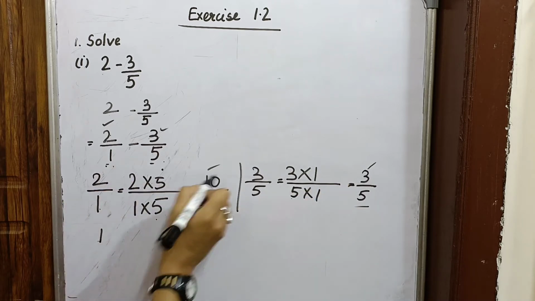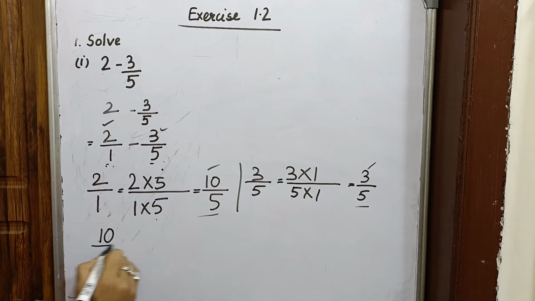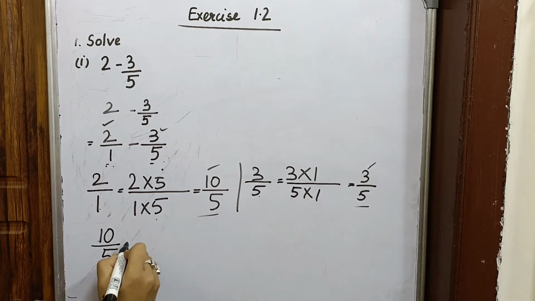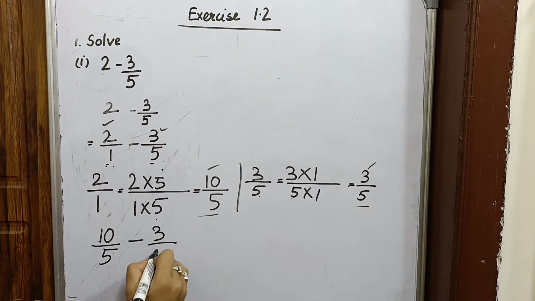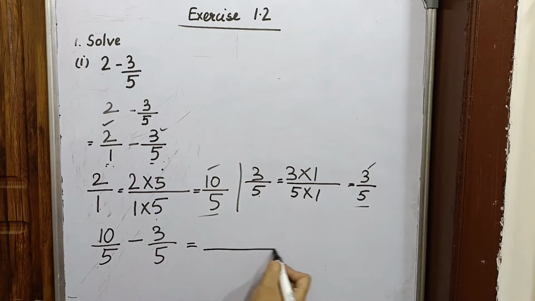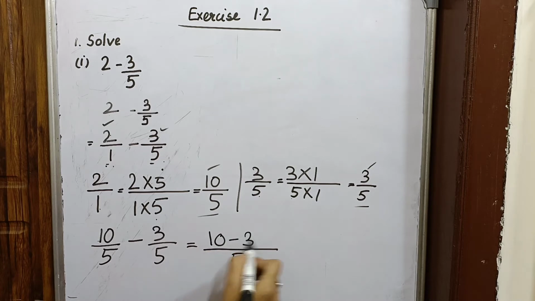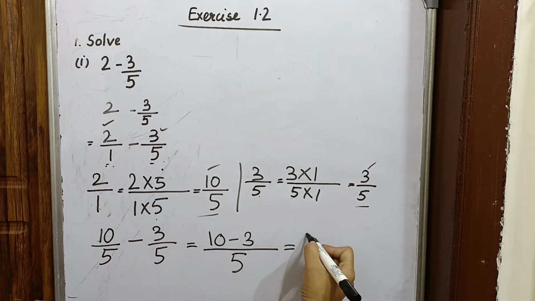We write the common denominator 5 and the numerator as 10 minus 3. So 10 minus 3 is 7 by 5. Isn't it very easy?